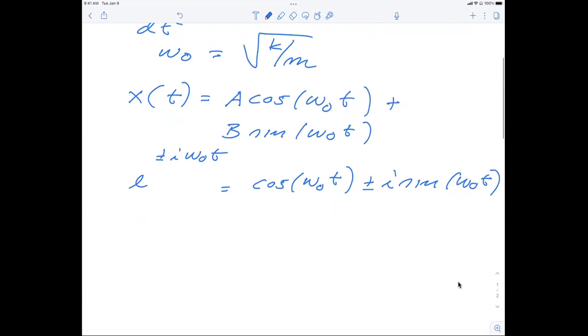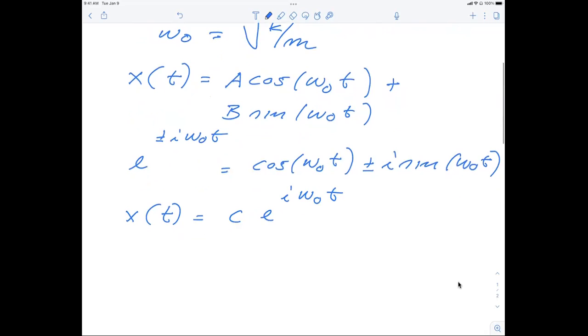And if you now take a solution, suppose you assume that the solution x of t is equal to some constant c times e to the i omega 0 t. And if you plug this into the equation for the second derivative, so this is your differential equation, what you get is minus omega squared times c e to the i omega 0 t when I take the second derivative.